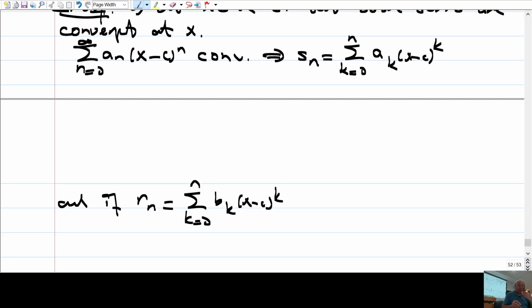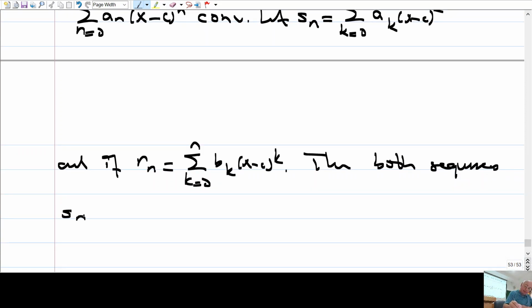I should be careful. Then we know that both sequences S_n and R_n are convergent, right?